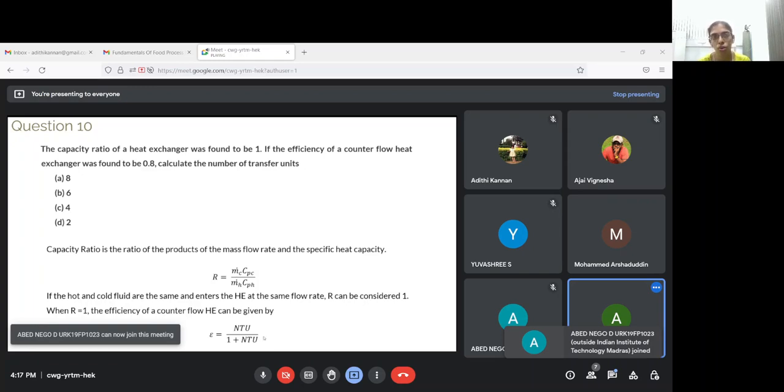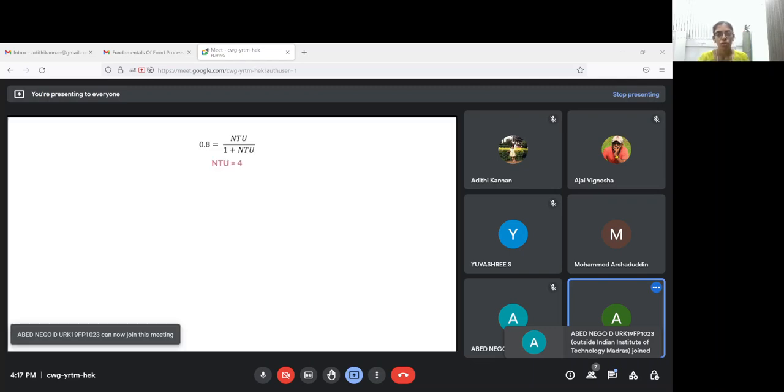So in this case, what are you getting as the number of transfer units? If you substitute the values, you get NTU equal to 4. So the answer to this question is option C.